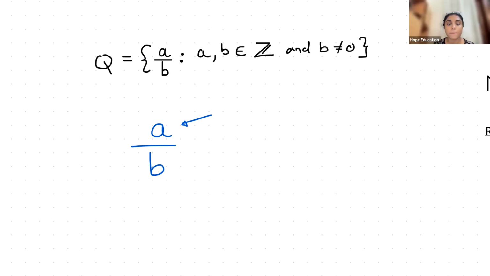What do we call the top number of a fraction? Okay, others? Yes. It is called a numerator. The bottom part of a fraction is called?